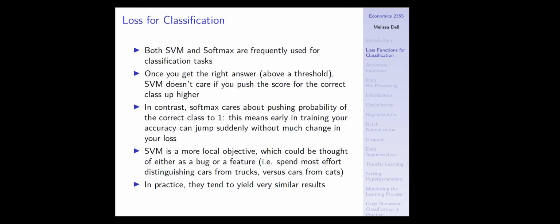In practice, these yield very, very similar results, and some people will argue for one or the other. But if you have a classification task, it's fine to use either one, and you're probably going to get something very, very similar.